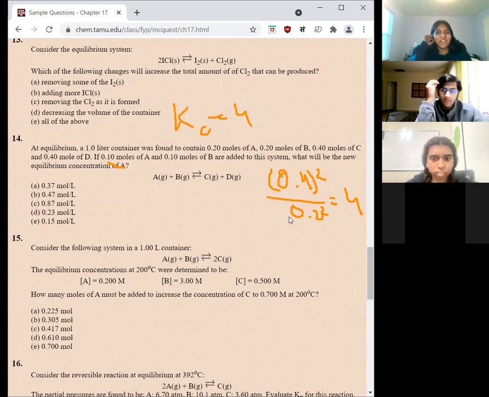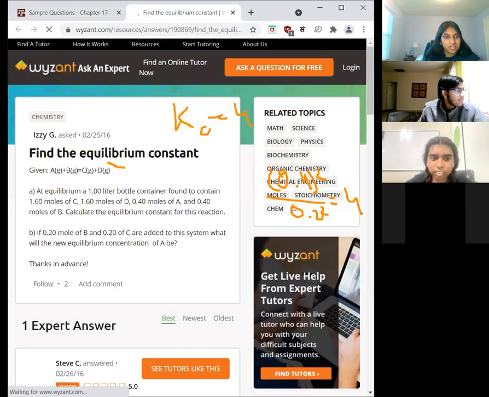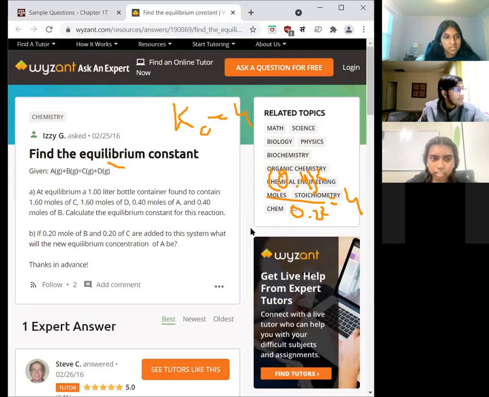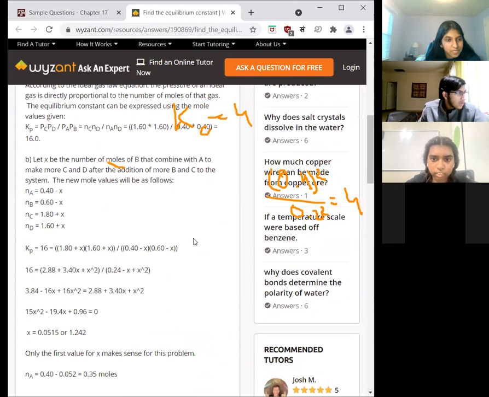I can tell what it's trying to do, but I'm not sure how to set up the equation. What is the ideal gas law equation? Oh, in this case, it's K. We're finding Kp, Kc, same thing, whatever. Okay, so we found the Kc.